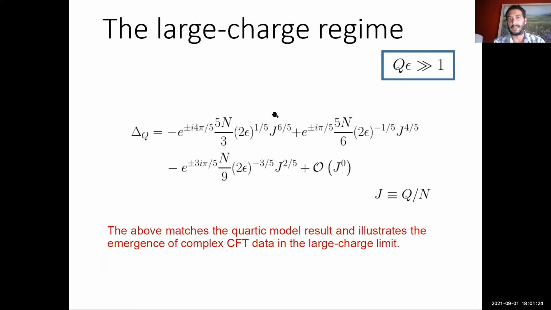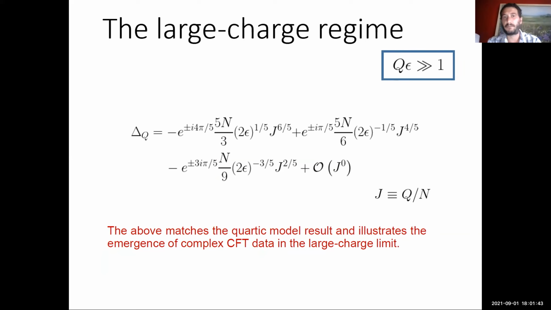So, for instance, with non-integral power of the charge, here the scaling in 6 dimension is q to the 6 over 5. But we can note also the fact that the scaling dimension in this limit is complex, as we already observed on the quartic side.